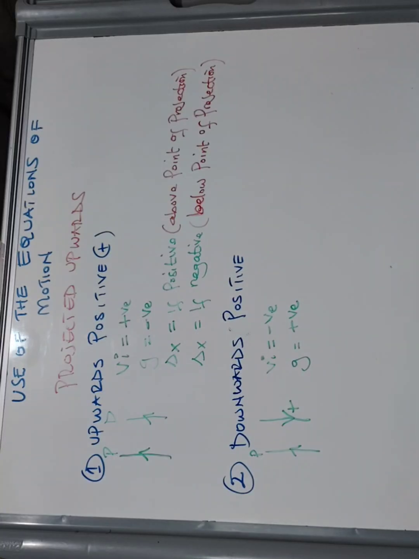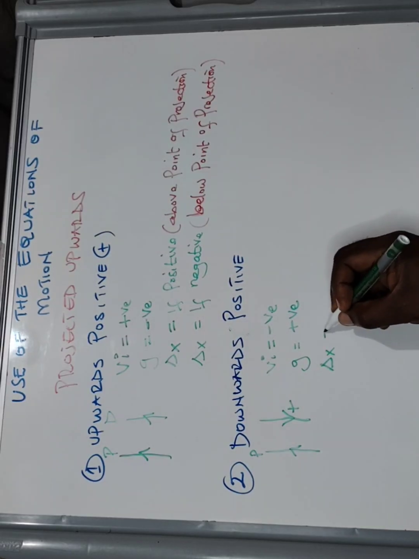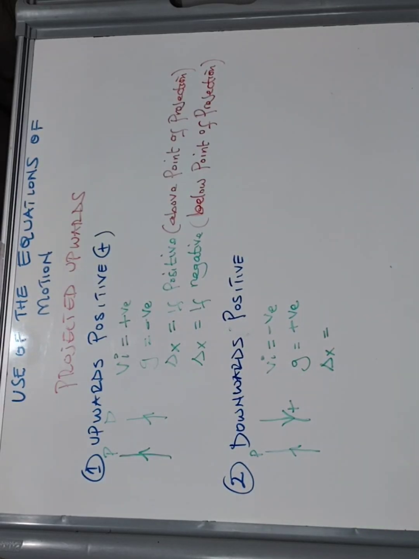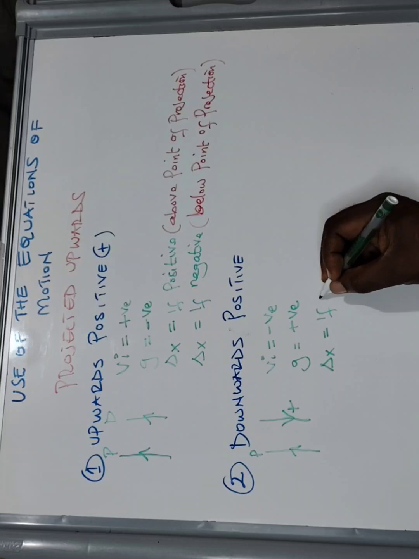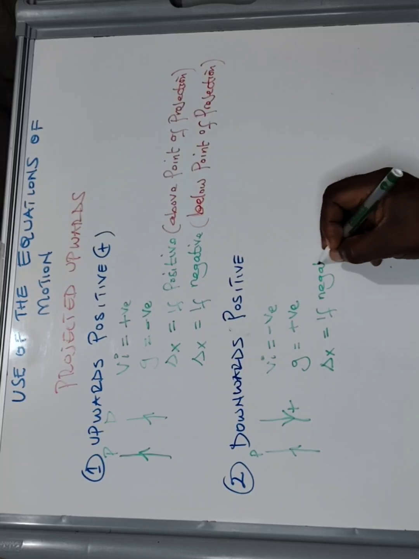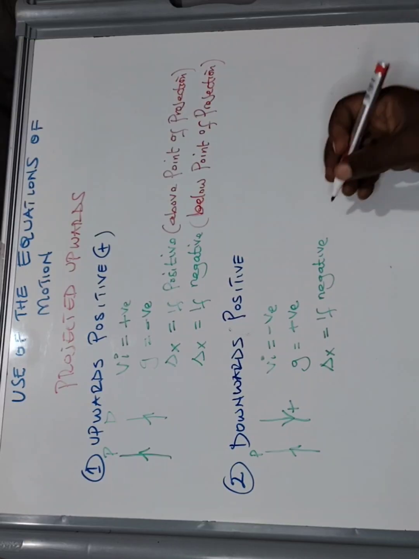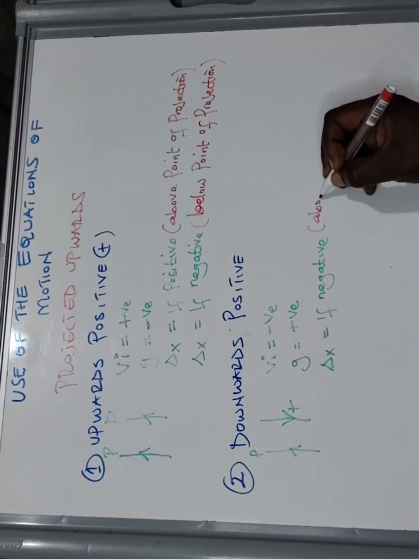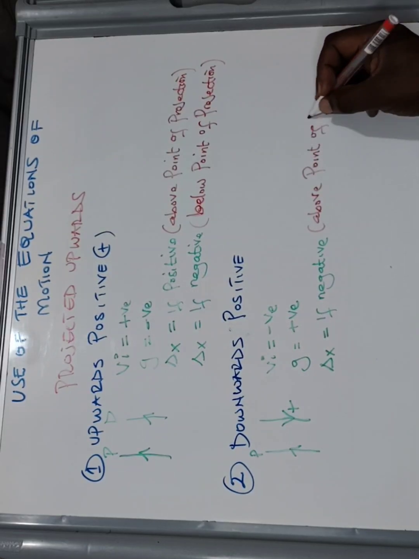Then we come to our delta X. Remember, we took downward positive, which means that the distance above the point of projection is negative. So what are you going to say? That if negative, what does that mean? It means above point of projection.